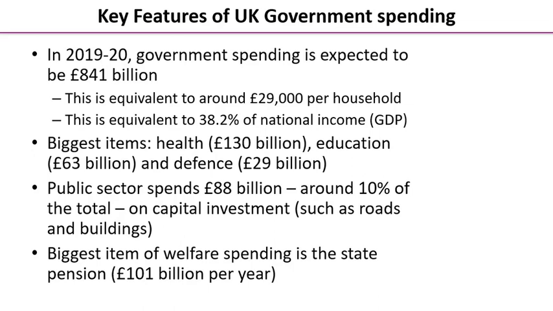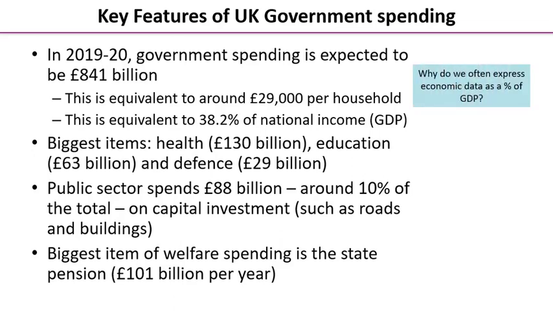This was before the announcement of the Chancellor of the Exchequer's plans to help the UK economy in the wake of coronavirus. So the initial estimates are those shown on the screen. So government spending expected to be around £841 billion in that financial year from April 2019 through to the end of March 2020. So that's around 38.2% of national income.